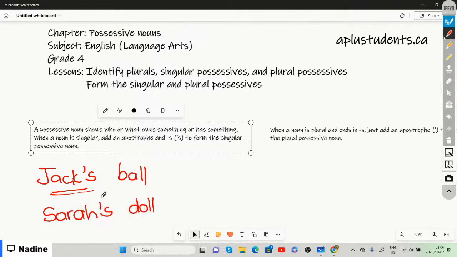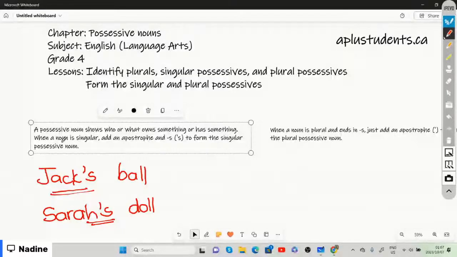And there we have our apostrophe and our S, which shows possession. So that is a possessive noun. A possessive noun shows who or what owns something or has something.